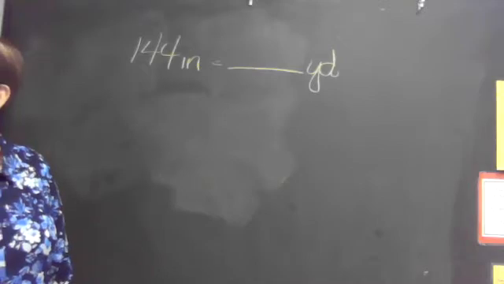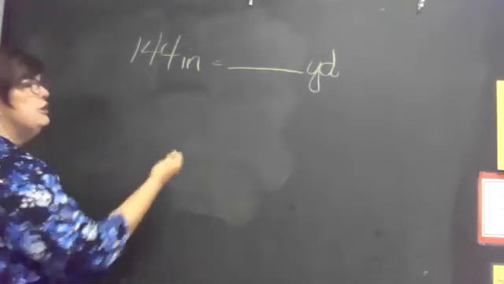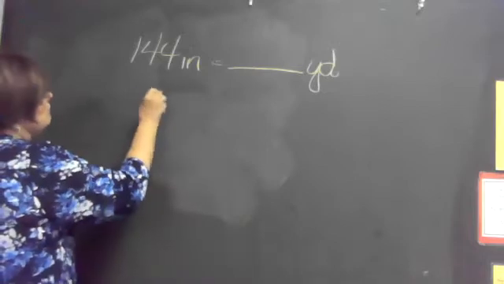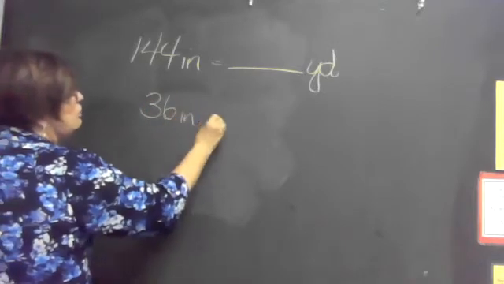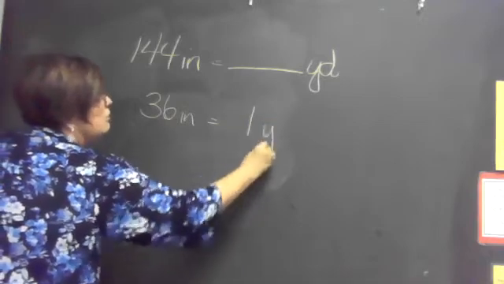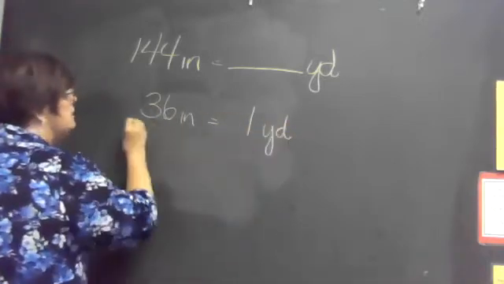I didn't hear the first part. Was it 36 inches? Yes. Okay. So she looked at her chart and she found out that the truth is that 36 inches will always equal 1 yard. Okay? This is the truth part.